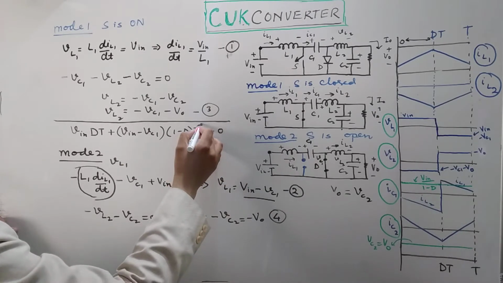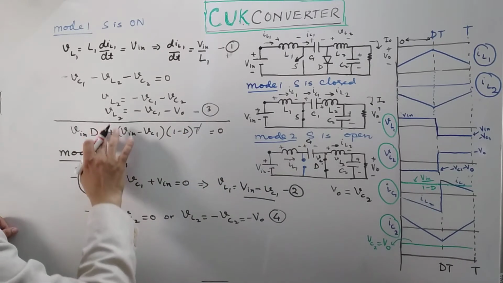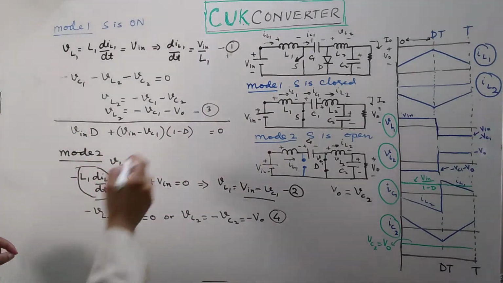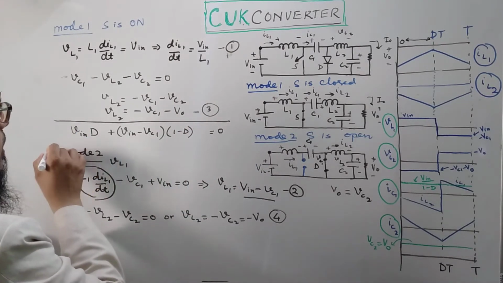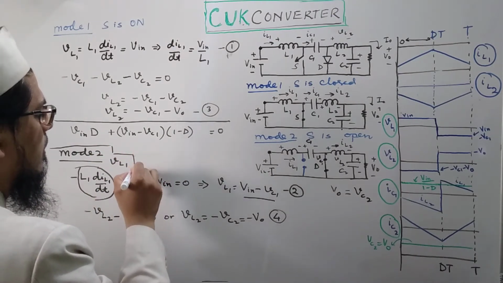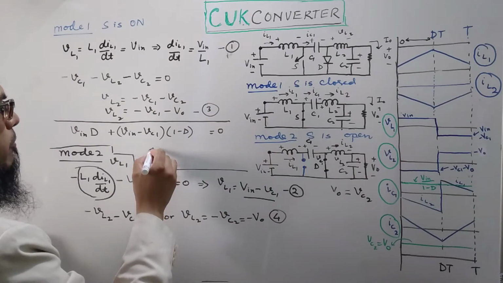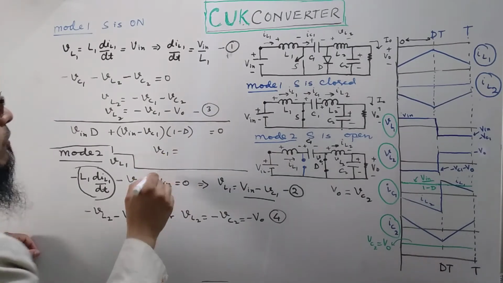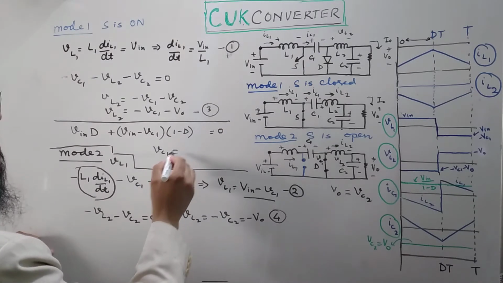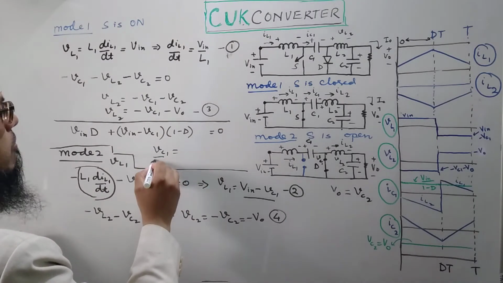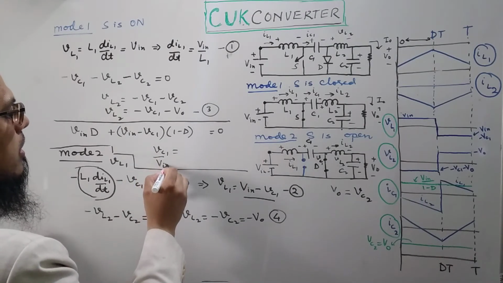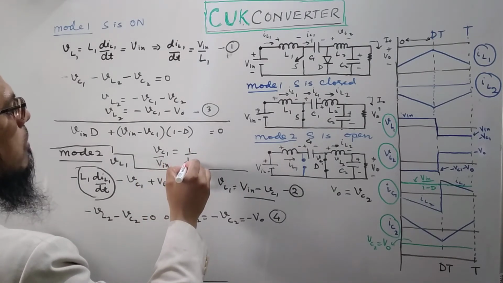So T gets cancelled. If you simplify the expression, you will get Vc1 by Vin equal to 1 upon 1 minus d.